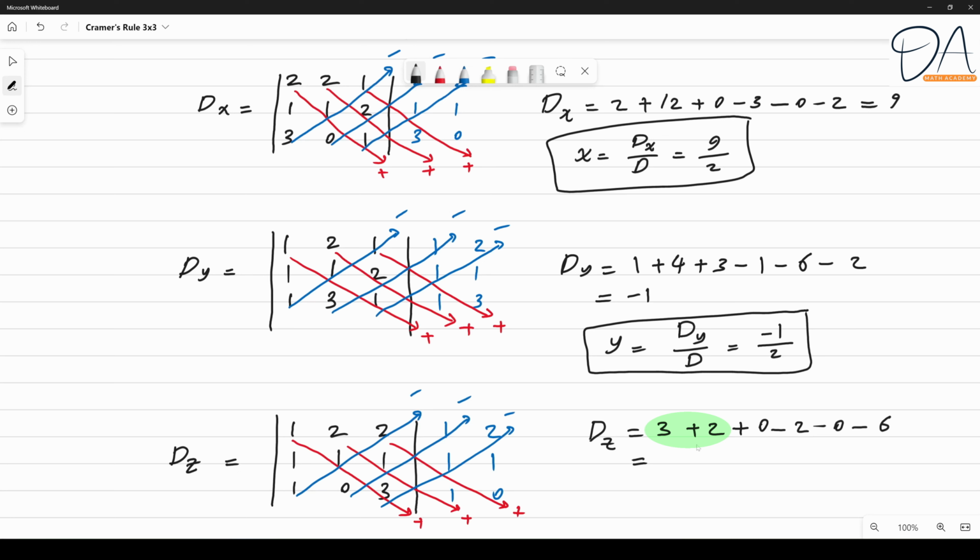So here 3 plus 2, 5, minus 2 gives us 3, minus 6 gives us minus 3. So then z is dz over d. dz here is minus 3, we just found it out, and d is 2. So that is the value of z.